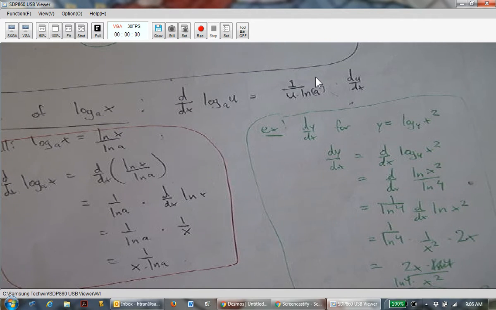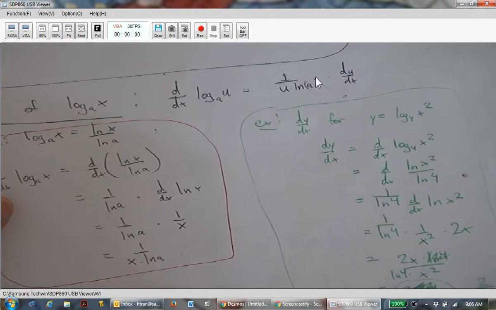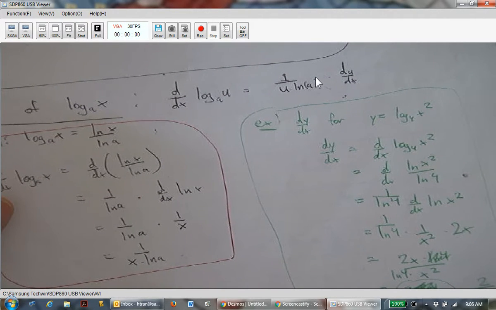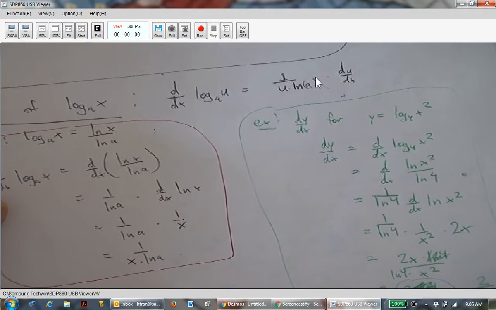Log base 4. That's absolutely correct. What is a? a is natural log of 4.